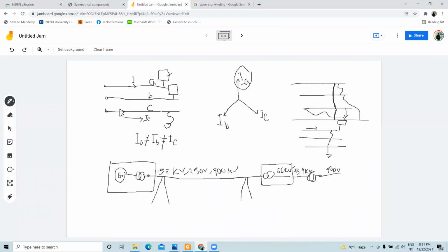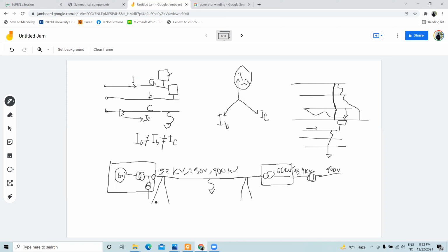A voltage transformer will tell you the system voltage, the line voltage, and a current transformer will measure how much current is flowing through the line. So this current transformer will notice if there is a short circuit. It will notice that there is a high amount of current flowing through the line, and it will give this signal to an equipment called a relay.